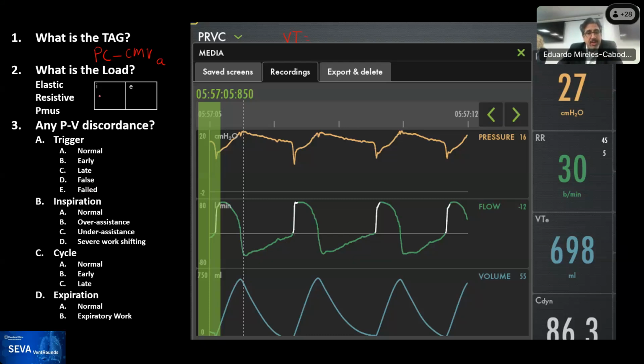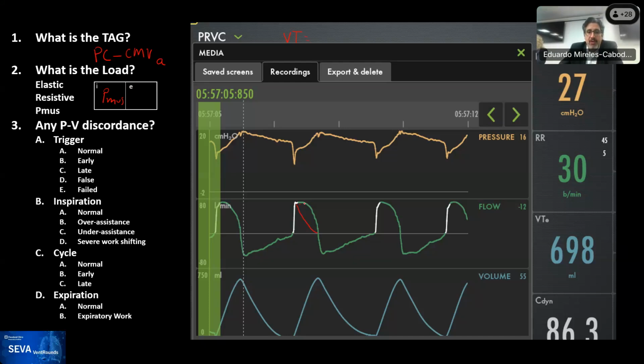But it was 16, so you can see that at this point the patient takes a breath in and the pressure actually goes below the baseline. So this patient, even though it's on pressure, is generating so much effort that the ventilator cannot keep the pressure.